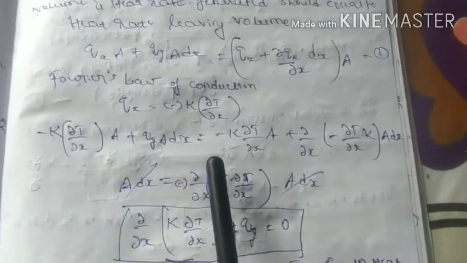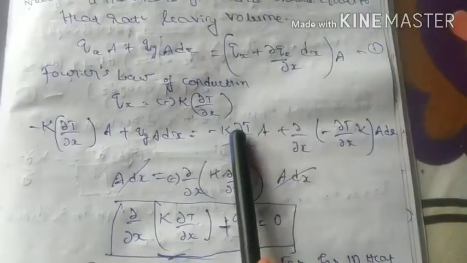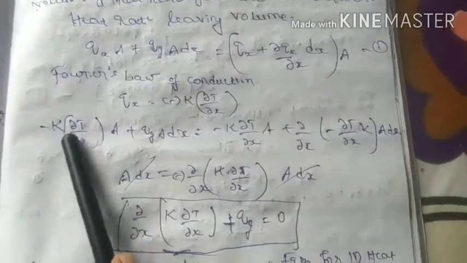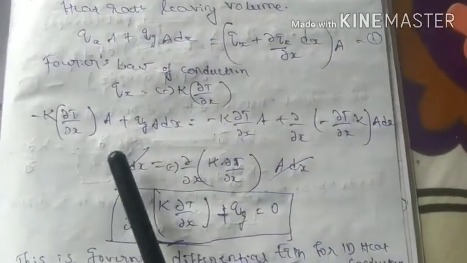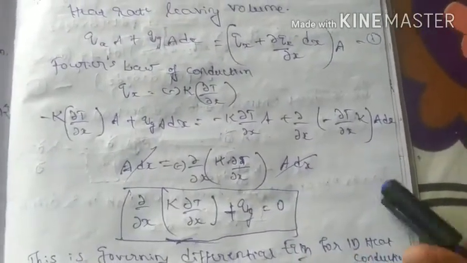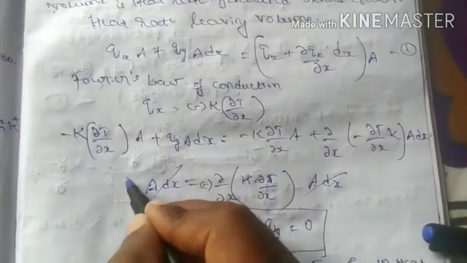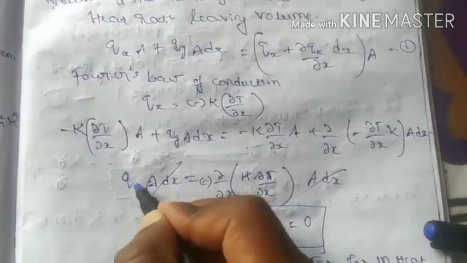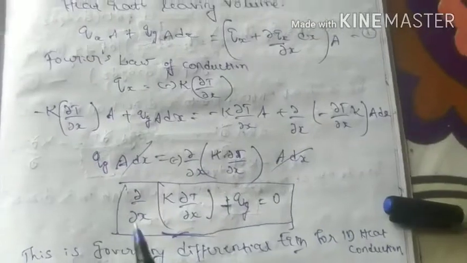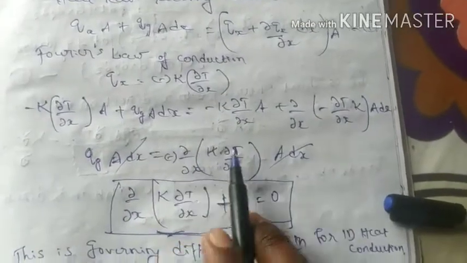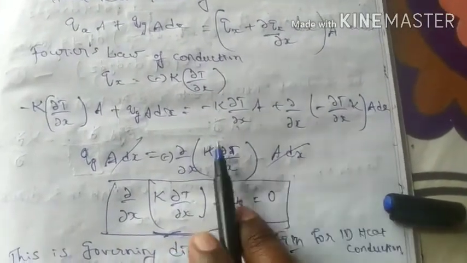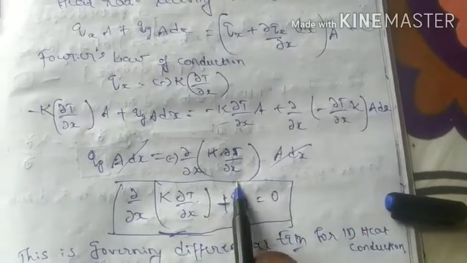The next step is the simplification. If you take this to this side, it becomes plus, therefore plus and minus cancel. What is left here is Qg into A into dx is equal to minus of dou by dou x of k into dou t by dou x, A into dx.